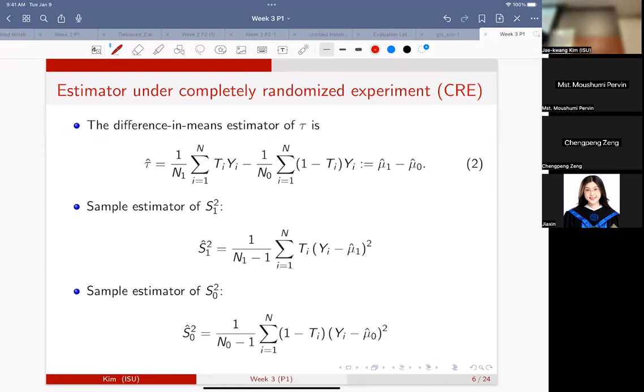While in the experiment context, the causal inference context, we are more interested in estimating tau, which is basically a parameter defined on the counterfactual outcome, I mean the potential outcome. So it's more like two populations, in some sense.